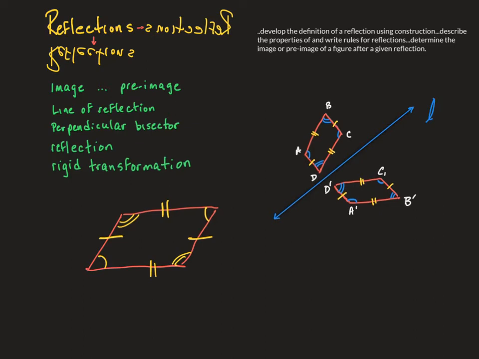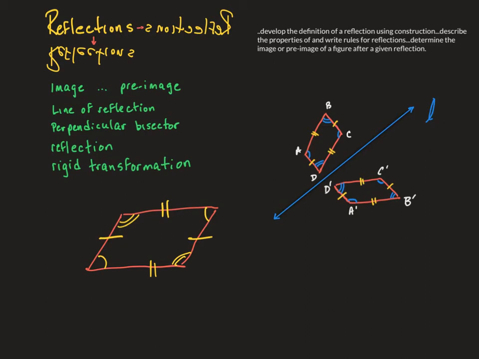So what we have forming here is that C maps to C prime, not C comma, bear with me on that one. And then B maps to B prime, A maps to A prime, and D maps to D prime, and that is being reflected over this L axis.